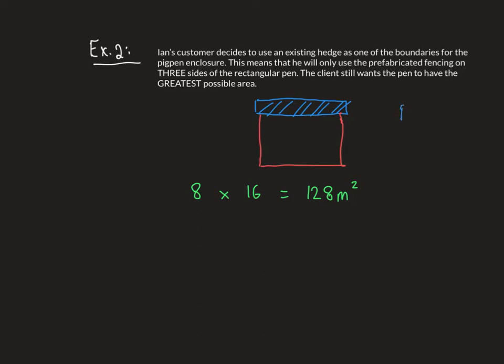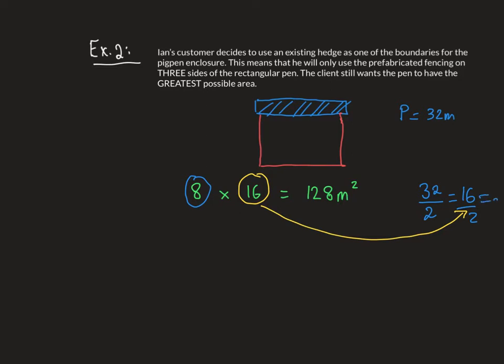And remember, the perimeter here is still 32 meters like in the first example. So if I did 32 divided by 2, I'm going to get 16. Okay? So that came from dividing our perimeter by 2. But then, how do I get the 8? So the 8, if I do 16 divided by 2, that gets you your 8.